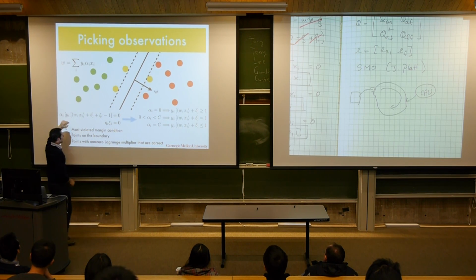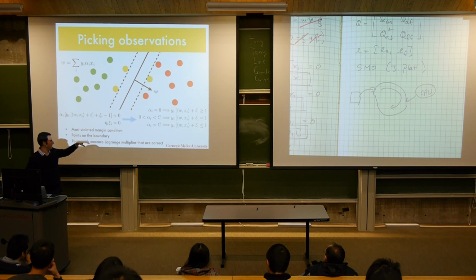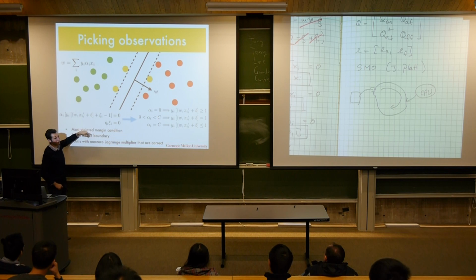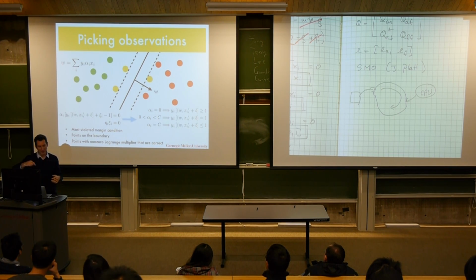And then I have to pick another alpha where that constraint is really large too, because I need to make sure that the sum over y_i alpha_i remains 0. Therefore, I need to move in opposite directions.